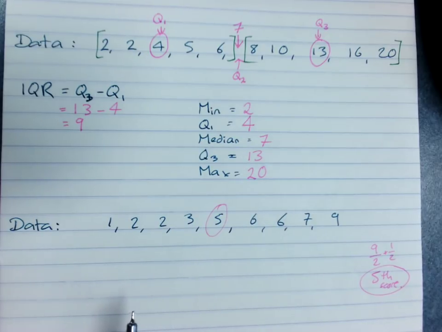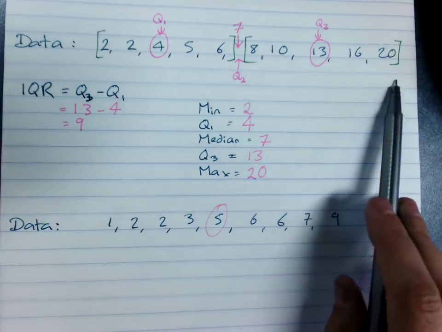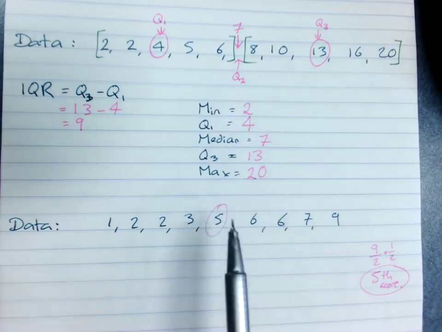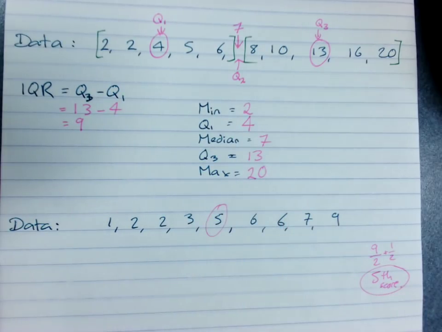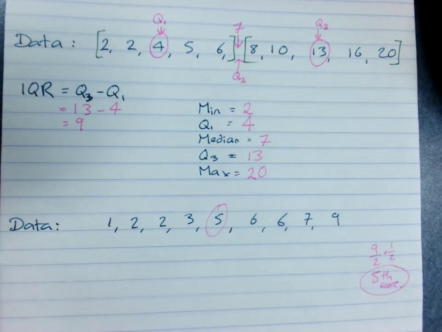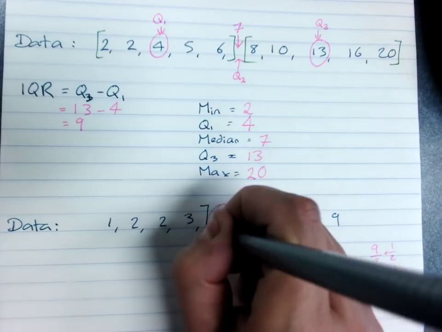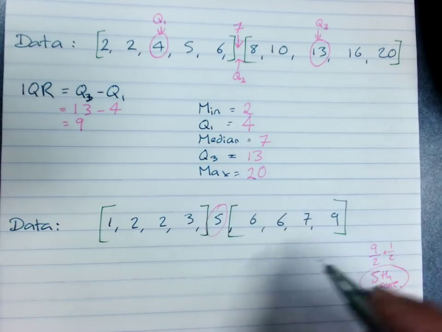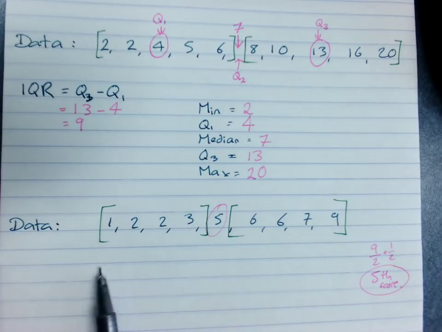When you have an even number of data points, then your median doesn't get involved in either of these halves. When you have an odd number of data points, then your 2 sets of data, in order to have 2 even sets, exclude the median. There might occasionally be other ways of calculating it, but this is what we do.